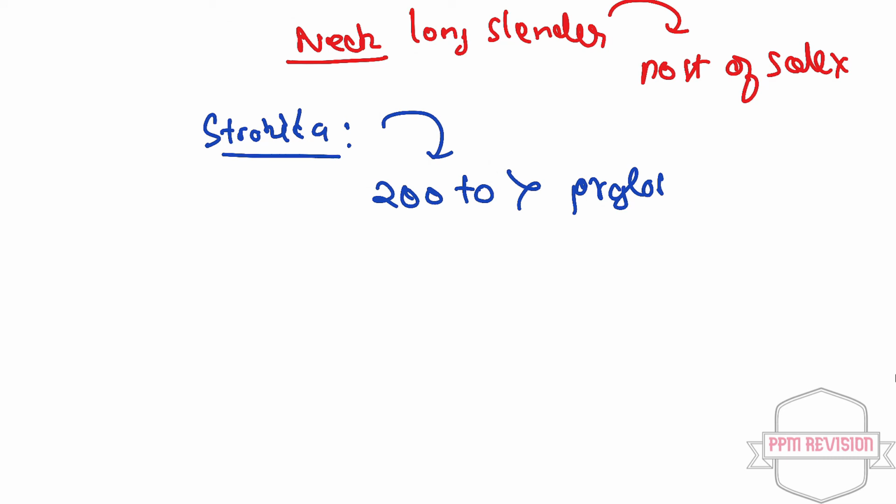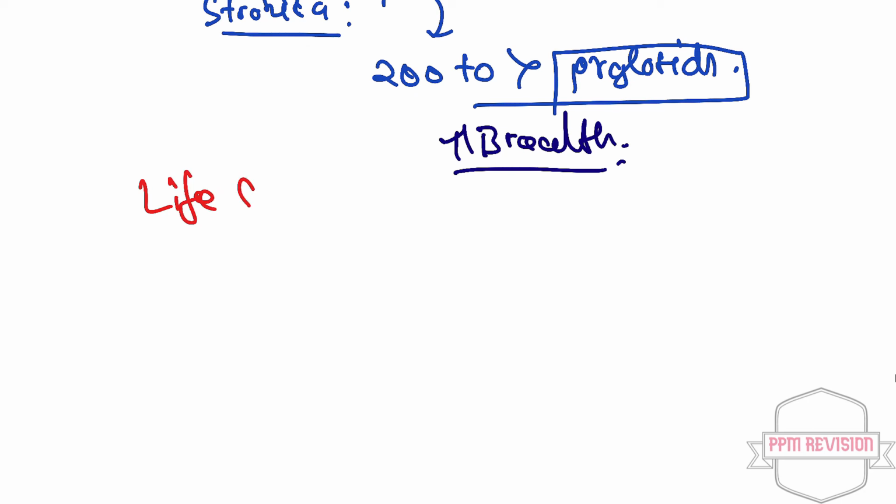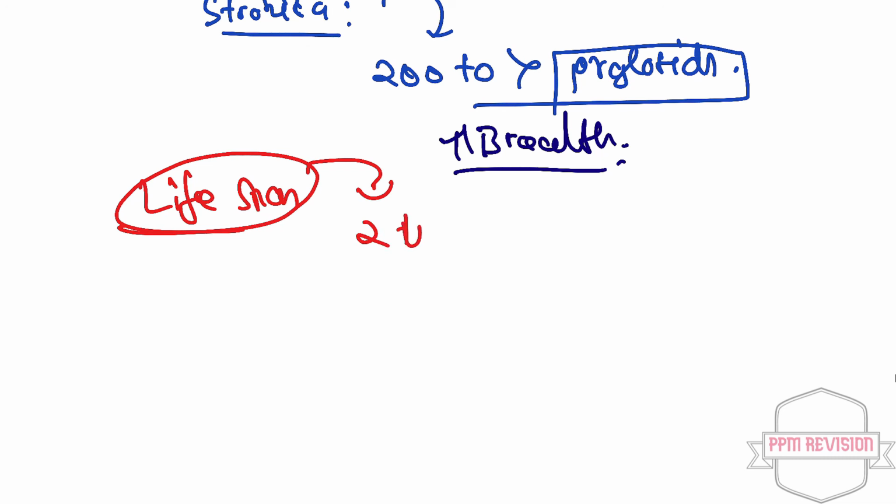These proglottids are broader than long; they have increased breadth. Another interesting point to note is that the lifespan is about 2 weeks.